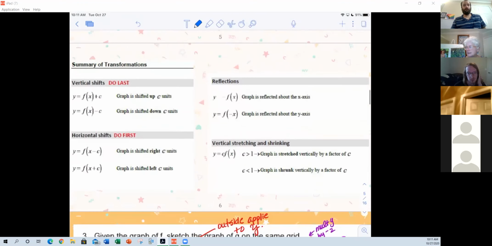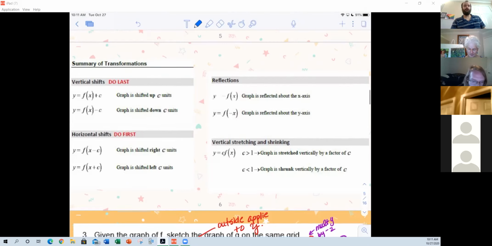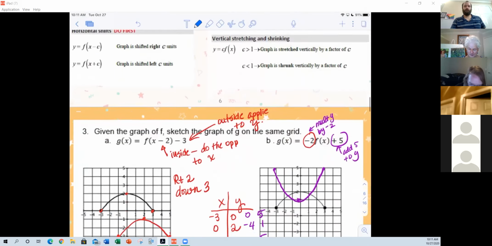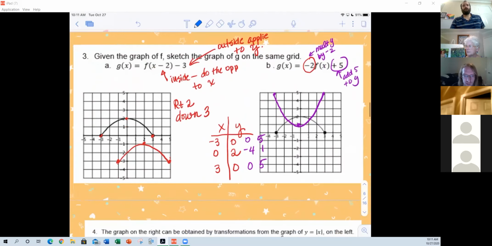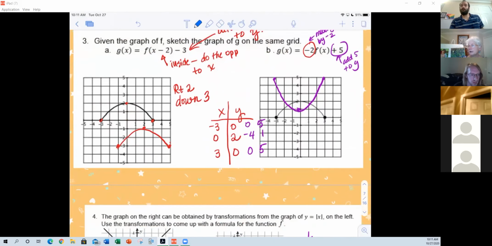And for the transformations, just remember what affects the X and what affects the Y. If it's on the inside of the function, it will affect the X. If it's on the outside, it will affect the Y. You can either do it by flat out transformations, just moving the shape, which is super easy if it's a rigid transformation like this one.